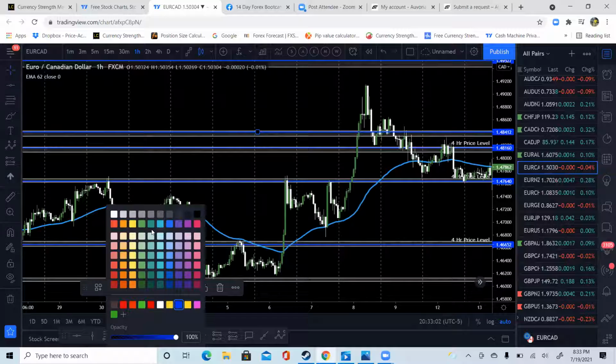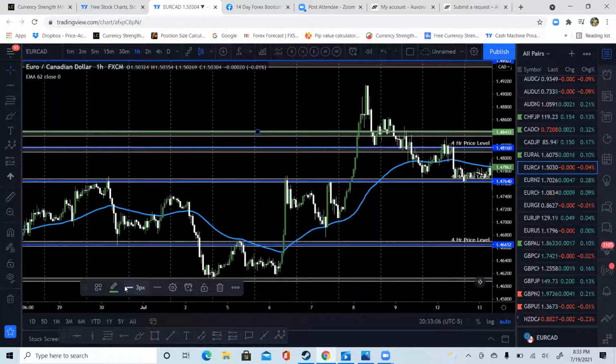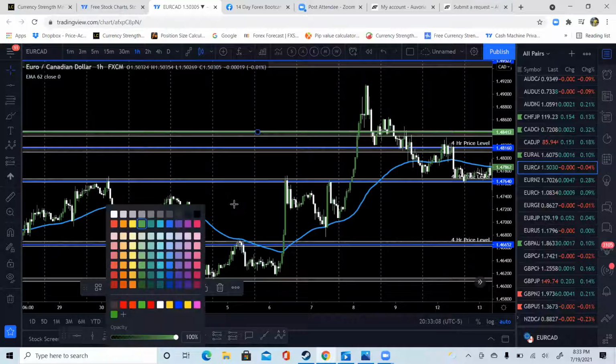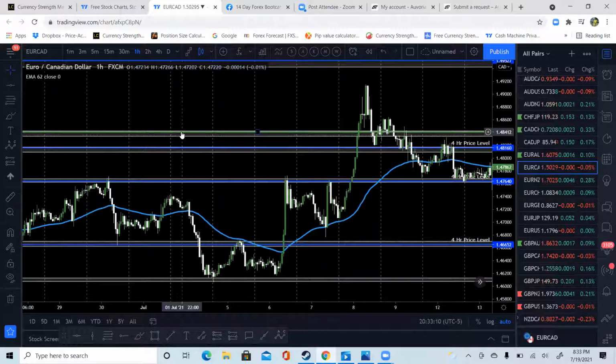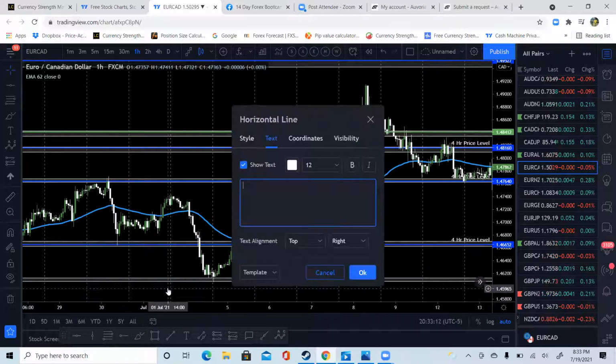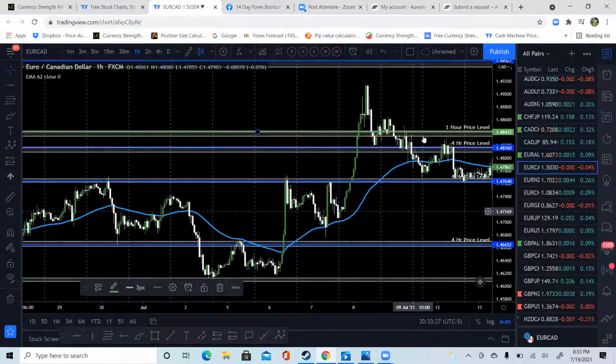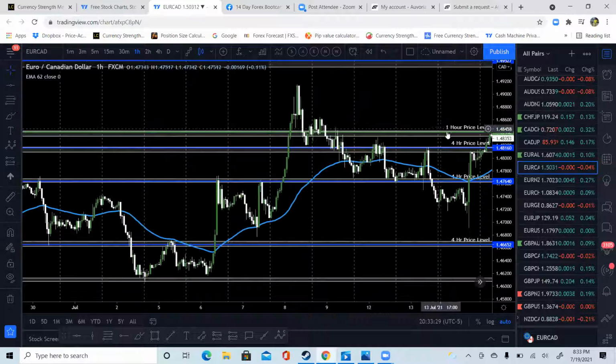So let's say we're going to make our 1 hour ones green. 1 hour price levels. And when I only traded price levels, like in the beginning, as far as my first profitable trades, this is how I did it.